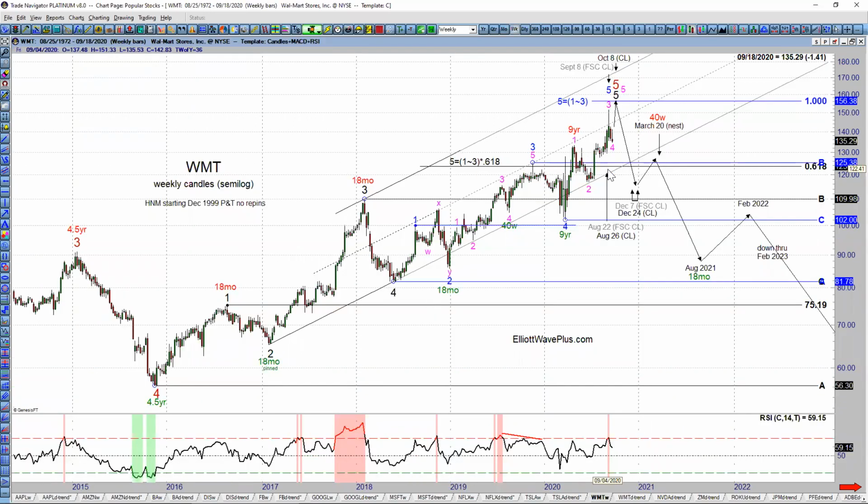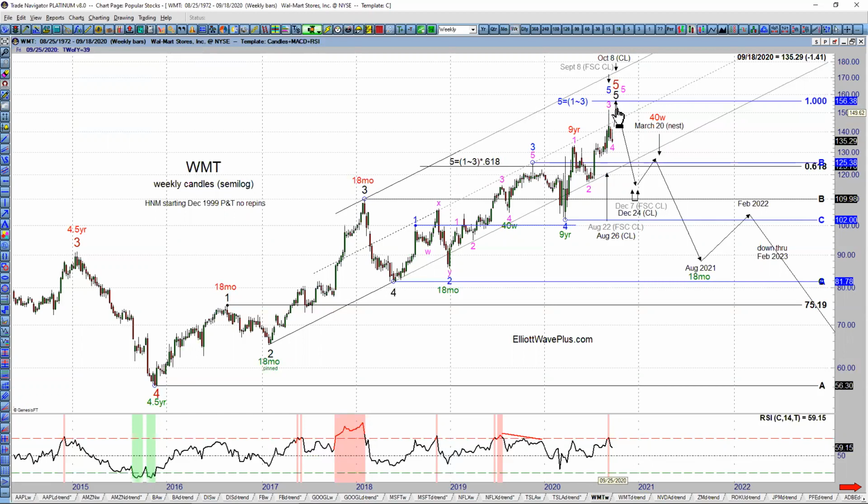Walmart is one stock where I think it's possible it has one more move to the upside. I just don't see enough subdivisions to the upside from this low in March, that 1, 2, and then 1, 2, 3, 4, 5 for 3, 4.